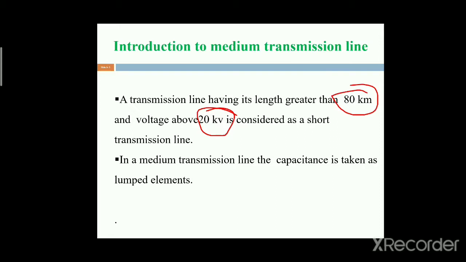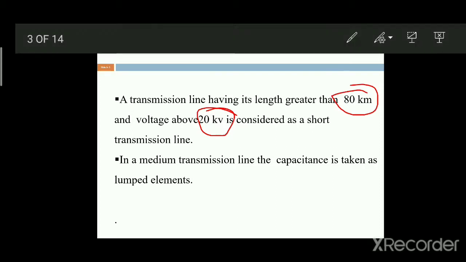Next, coming to the medium transmission line, the length is greater than 80 kilometers and the voltage is above 20 kilovolts. Then the transmission line is known as the medium transmission line.